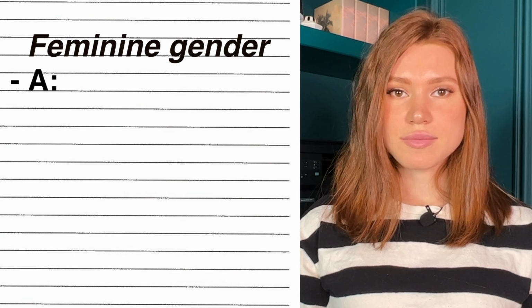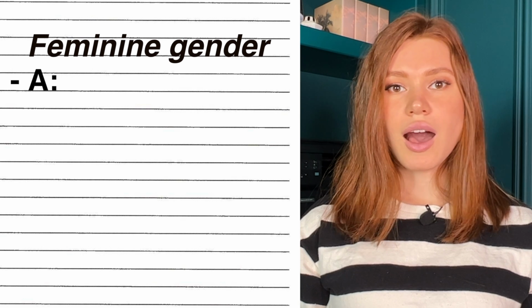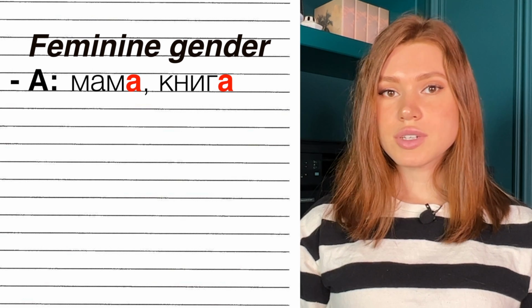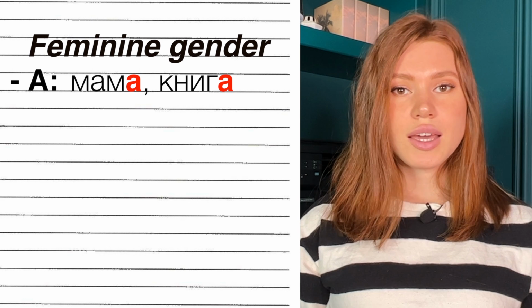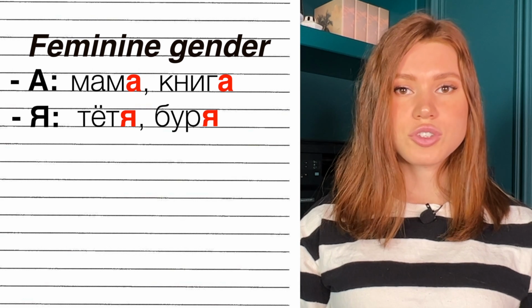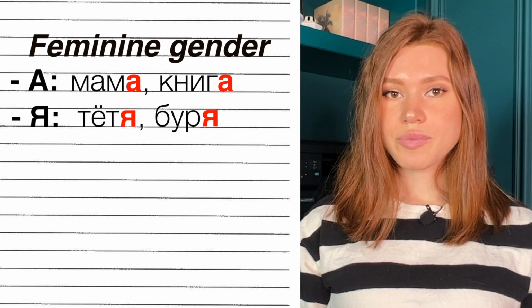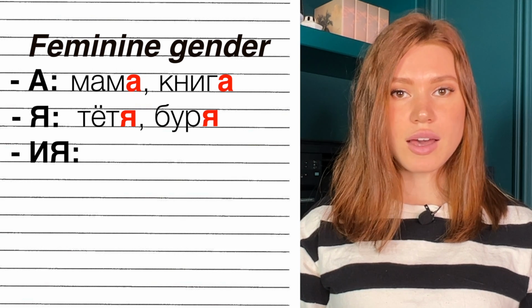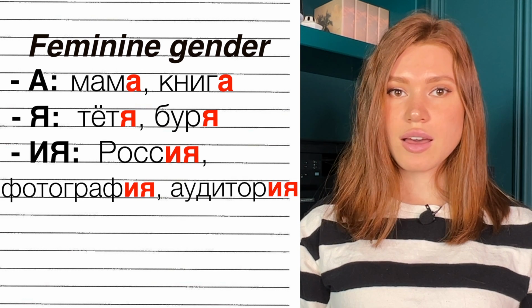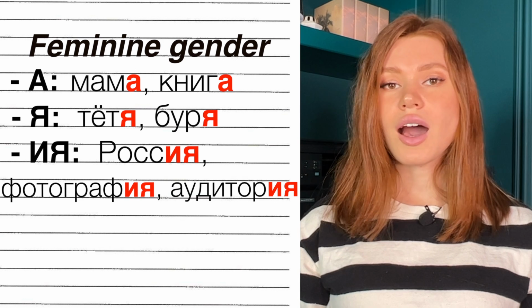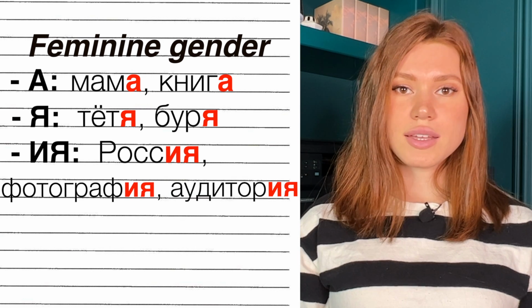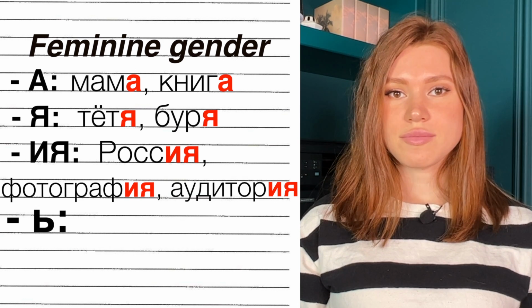Feminine gender. Ending а. Мама, книга. Ending я. Тетя, буря. Ending ия. Россия, фотография, аудитория. Ending soft sign.